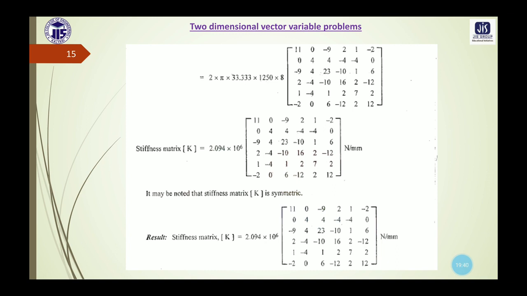Putting in all these values, we can finally calculate the stiffness matrix K, which is 2.094 into 10 to the power 6 multiplied by a 6 by 6 matrix. This is a symmetrical matrix, and this is now the final result for the stiffness matrix.